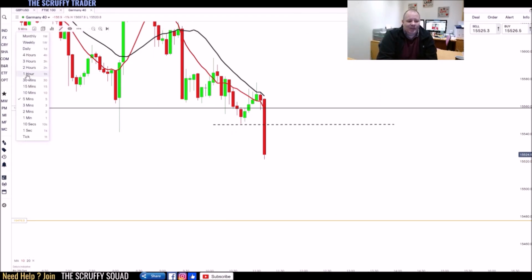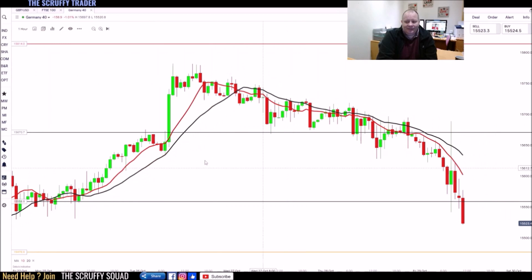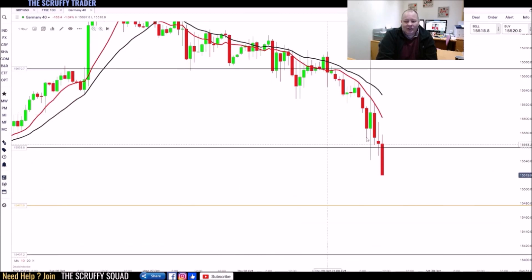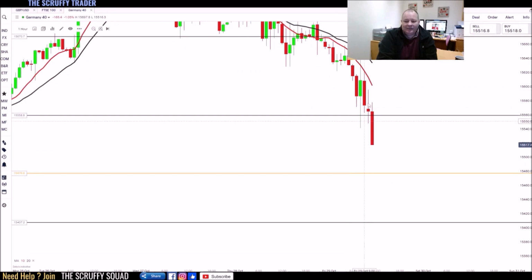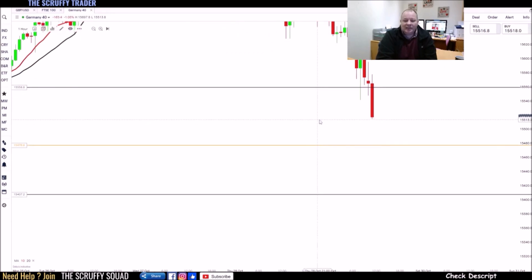So if I take this back to the hour, I talked about the double stab. Well, there's one, came down, stabbed it again, but because it was very close to this level, I had to wait, and that's kind of what this is. So it was going to be the next process.